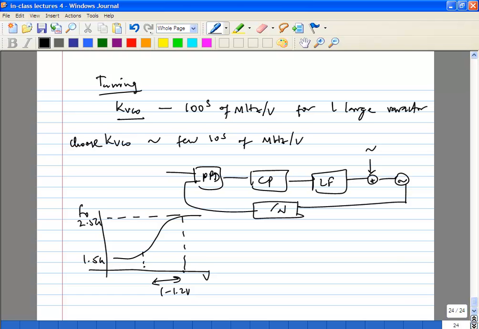Now what happens is, if you have such a large KVCO, this is your control voltage. In this case, the output is biased at VDD. The varactor is going to change any DC voltage across this.